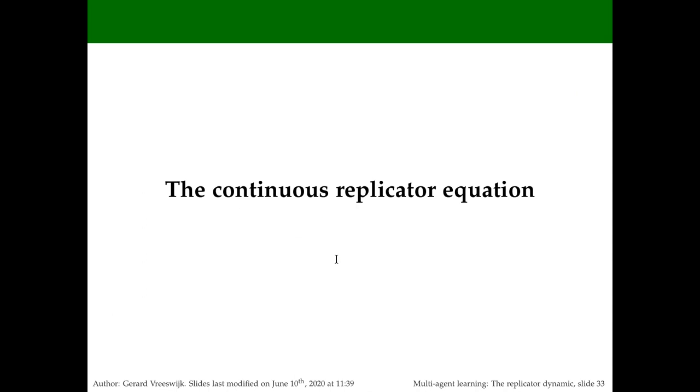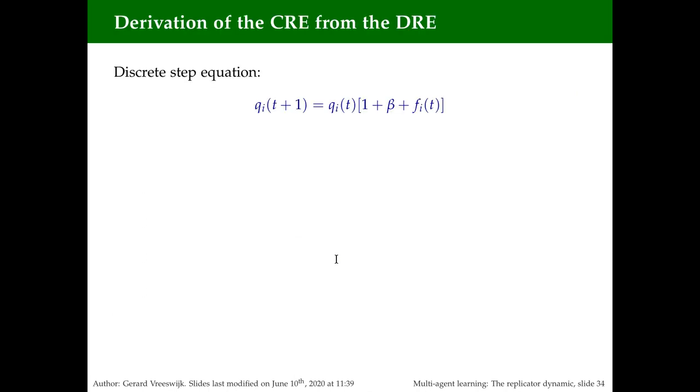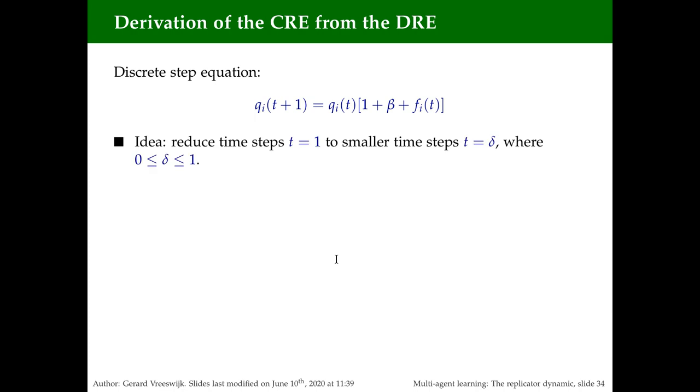So how does the continuous replicator equation follow from the discrete replicator equation? Well, the idea, I just convey the idea, not the whole derivation, is to reduce the time steps into smaller time steps, because we are talking about the continuous replicator equation. So smaller time steps, delta.